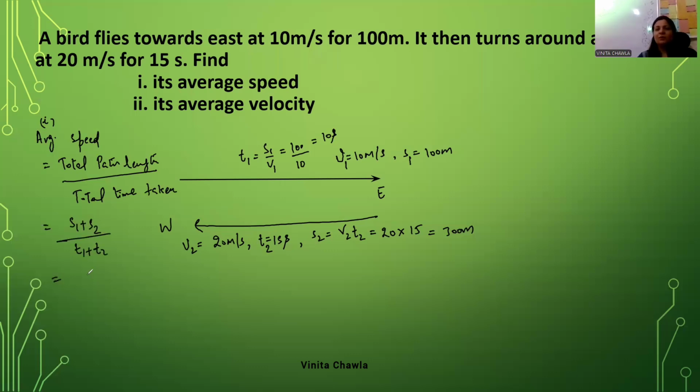Put the values. S1 is 100, S2 is 300, T1 is 10, T2 is 15. What will you get? 400 upon 25, 16 meter per second.